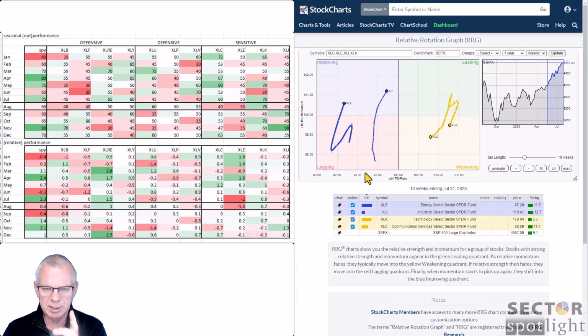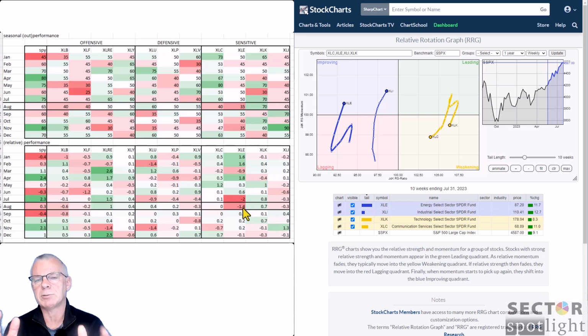Now, interesting stuff going on here. Look at the group of sensitive. So we had 35% of the time energy outperforming the S&P 500. As you know, low numbers, the reverse is the underperformance, and that is 65% of the time the energy sector has been underperforming the S&P 500, and the average return is minus 1.4.